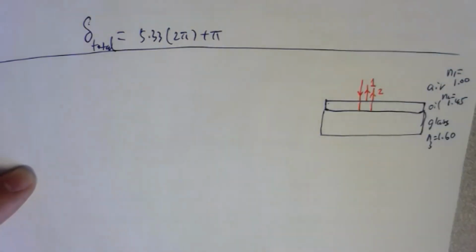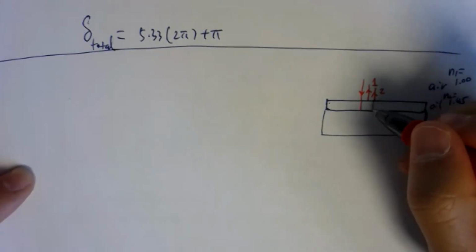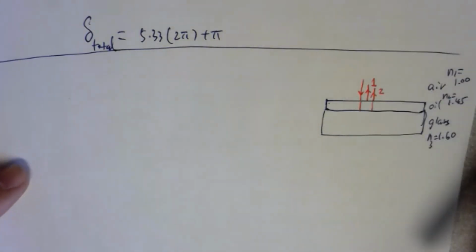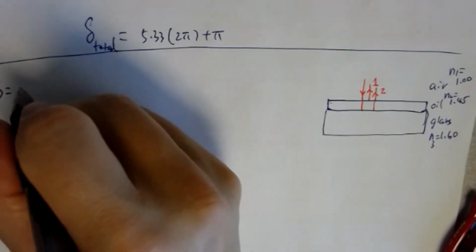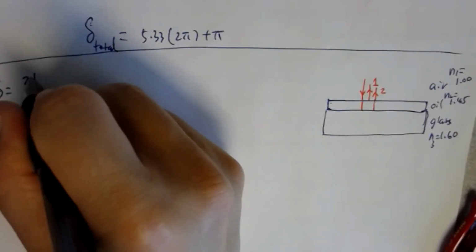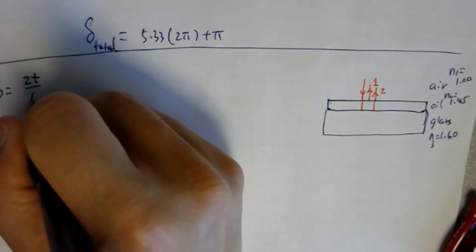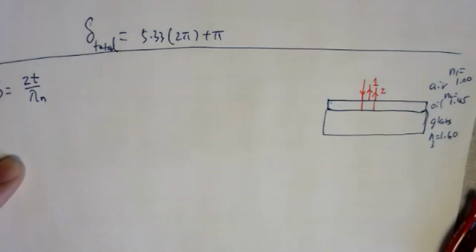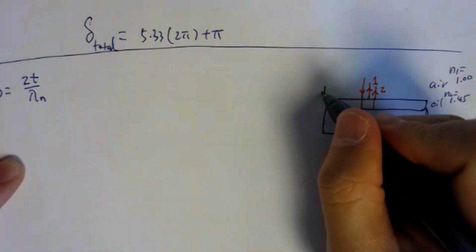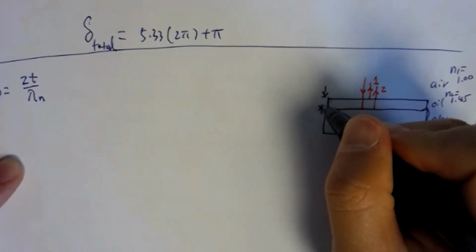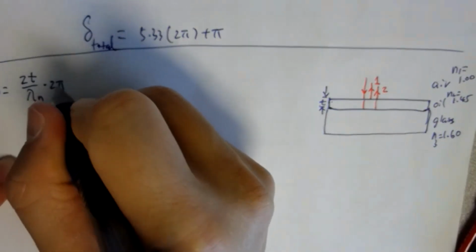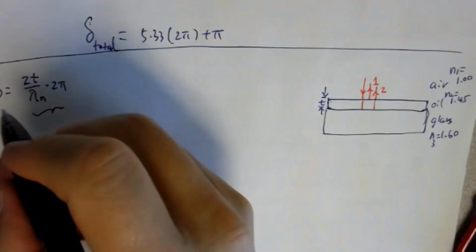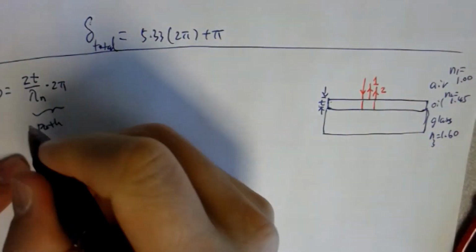So ray 1 and ray 2. Okay, so delta due to path difference should be 2t over lambda n, where t is the thickness of this oil film, times 2 pi. Okay, so this is due to the path difference.